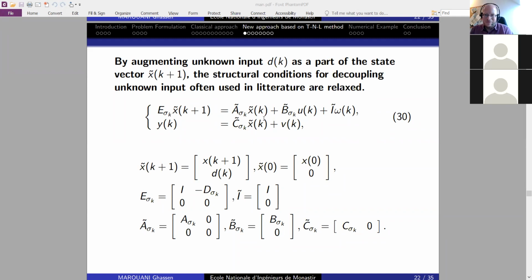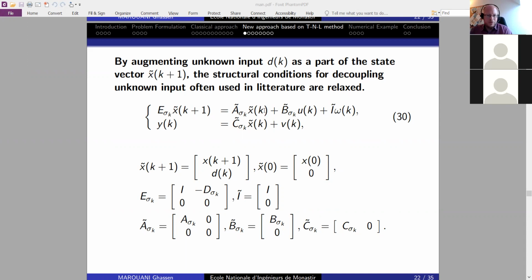It's more complicated for the continuous time case for the augmentation technique, because you need the derivative of the unknown input, I think. What I could imagine for the continuous time case is that you do not precisely know the derivative of the unknown input, but you know some kind of interval in which the unknown input is included. And then this may work, I think.